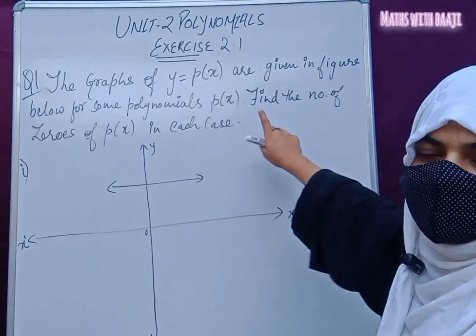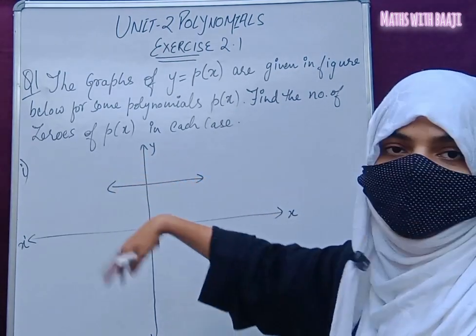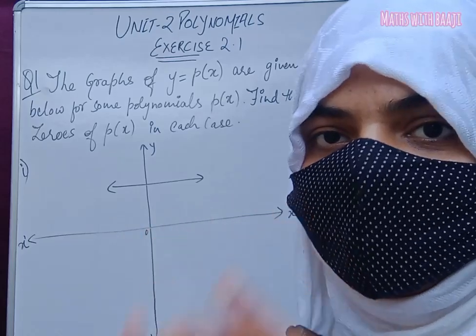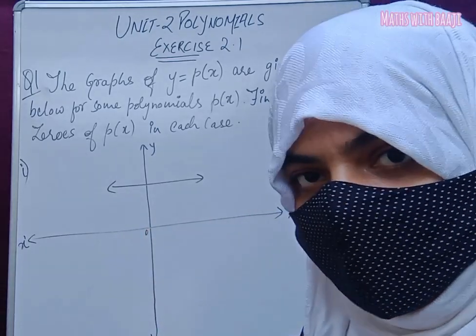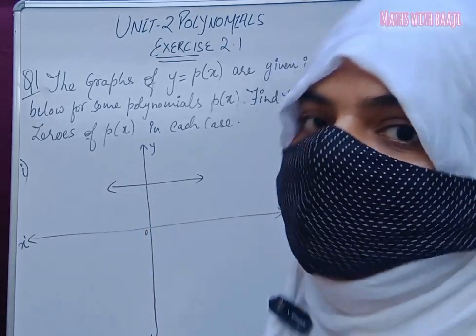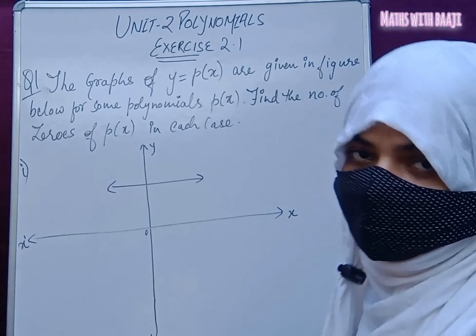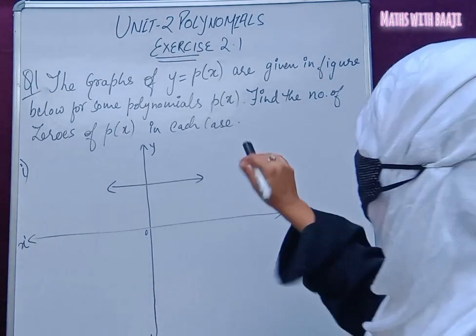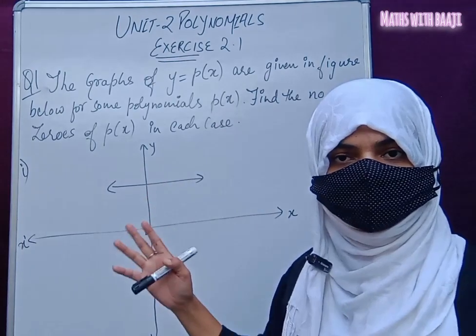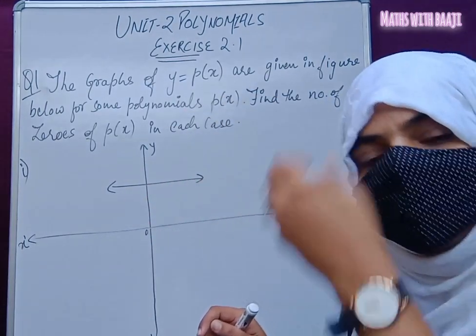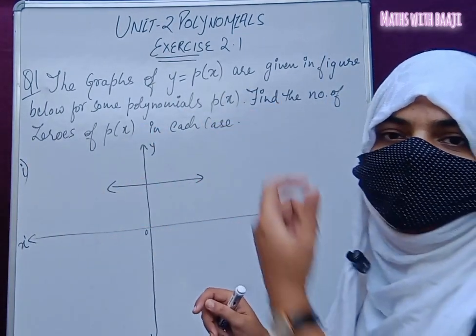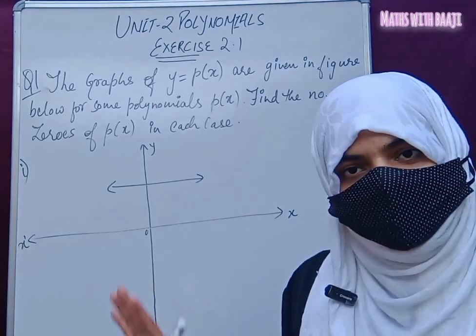One thing you see: it says find the number of zeros of polynomial of x. Here the polynomial of x is given, but even the variable can vary. They could be asking for the zeros in terms of y or z or anything like that.